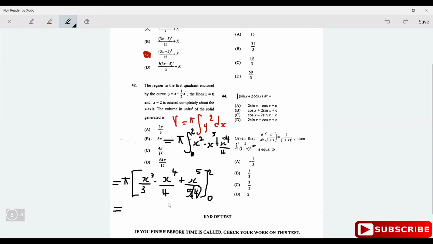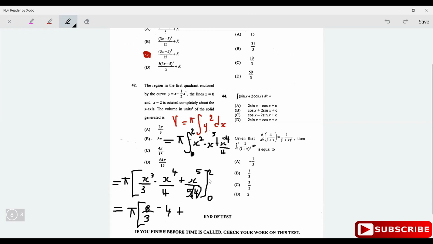So that's equal to, plugging in x as 2: we get pi times 2 cubed over 3, which is 8 over 3. Plugging in 2 here, 2 to the 4 is 16, and 16 over 4 is 4, so we get minus 4.